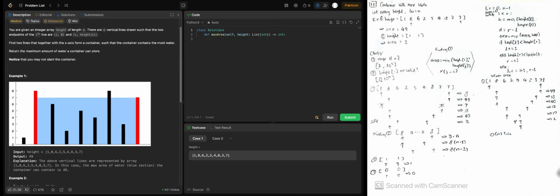So the height h is min of height I, comma height j. Or in this case, the better variable names are left and right.